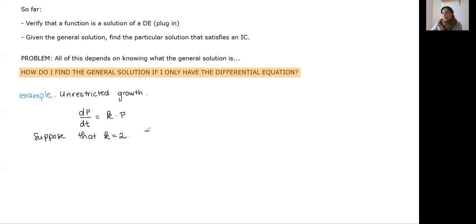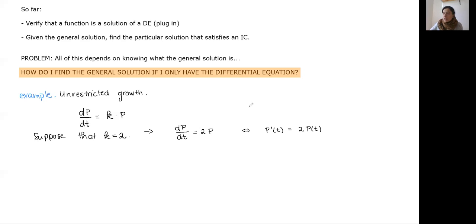So that we're going to have that the derivative of P with respect to T is equal to 2 times P. Or equivalently, the derivative of the function P that gives me the population as a function of time is going to be 2 times the original function that I have. All right, so this is just a model of unrestricted growth when we have that K is equal to 2. This is just an example. We're going to see how we can start solving this type of problem.